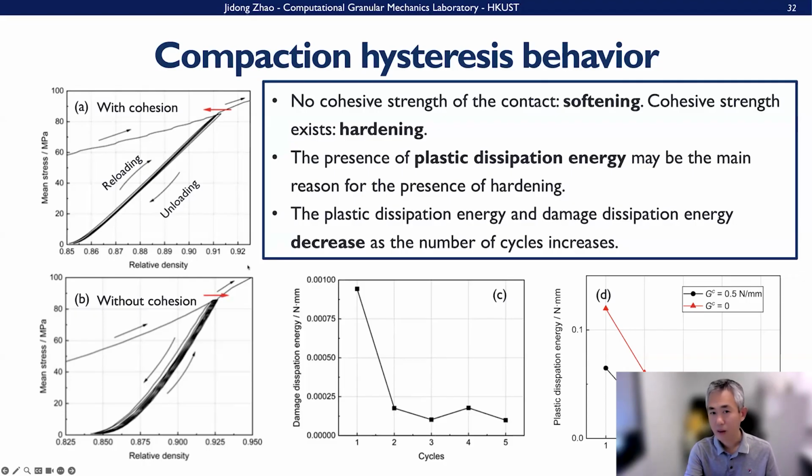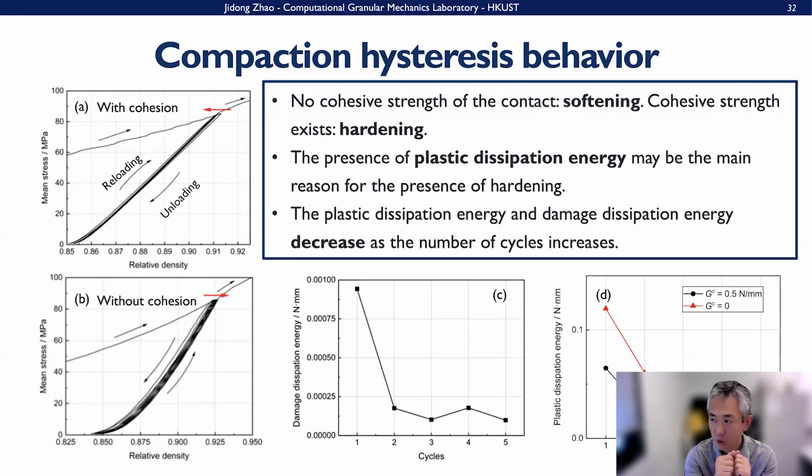So in that case, there are two mechanisms here. What do we call the damage? Damage mainly refers to the cohesion. When we compress it, it increases the contact area, and cohesive force attracts them together and then develops cohesion.